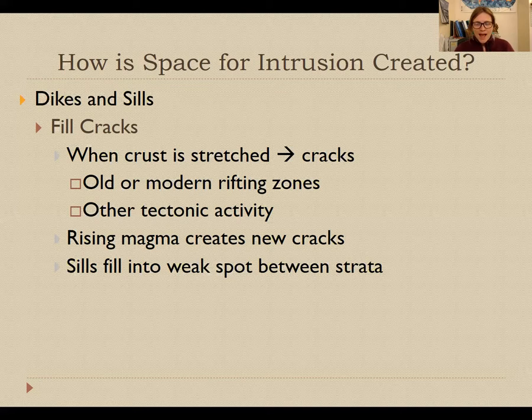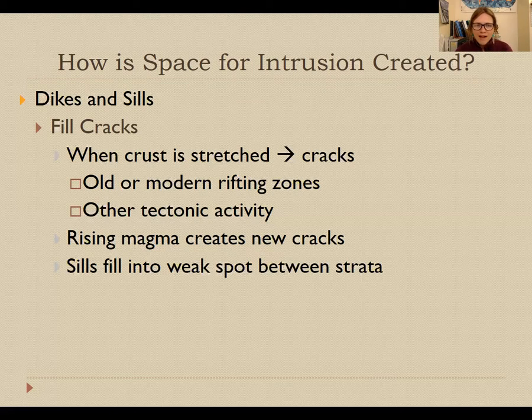So this might have happened in the past because of rifting zones, or old rifting zones that started and then died off for whatever reason. So they might have just left behind these existing cracks within the rock. Other kinds of tectonic processes, transform boundaries, and other kinds of pushing and pulling on rocks can of course crack these relatively rigid features as well.